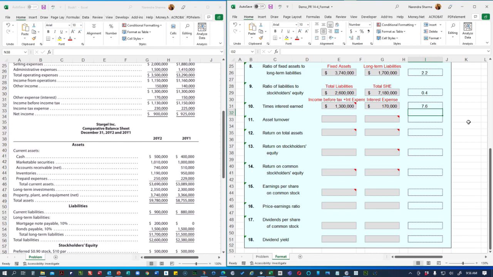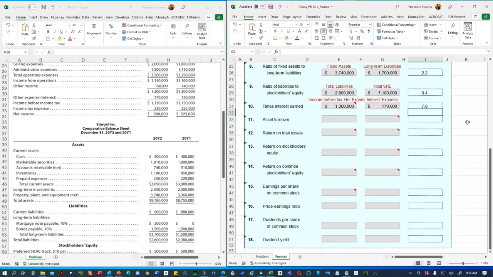So now let's divide and see what is the ratio. The ratio seems to be 7.6 times. So that means with your own earnings you will be able to pay interest 7.6 times. Now normally we like that ratio to be more than 14, so this company isn't doing that well.